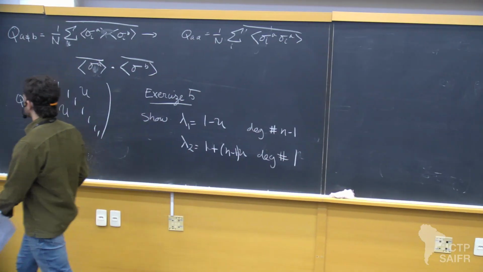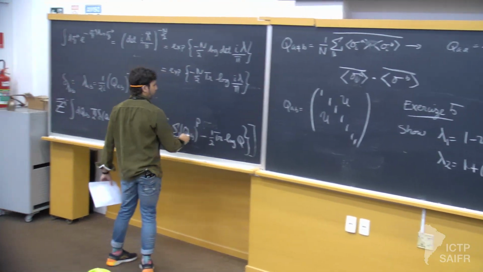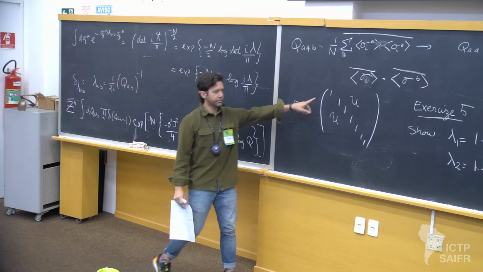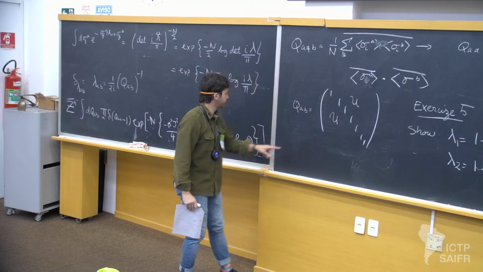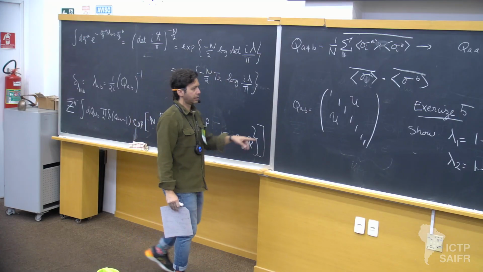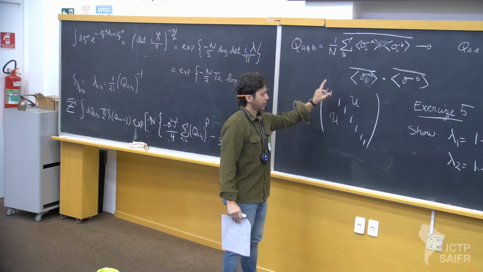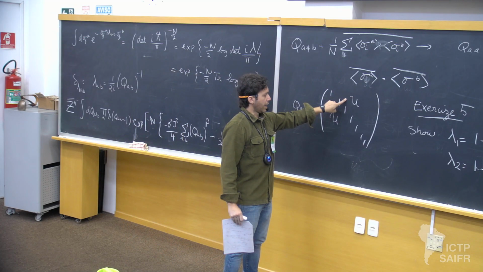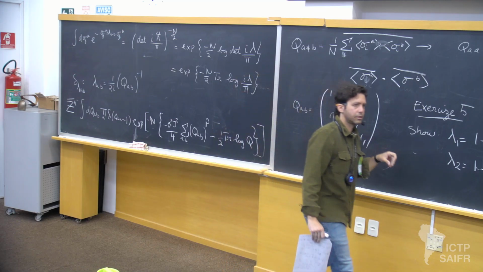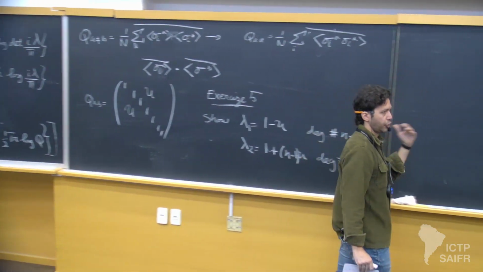All right. So this is the sum over a and b, Q_ab to the p. There are n ones and n times n minus 1 u's.